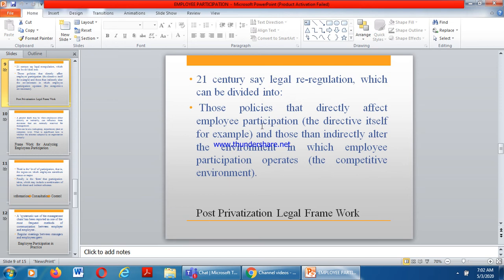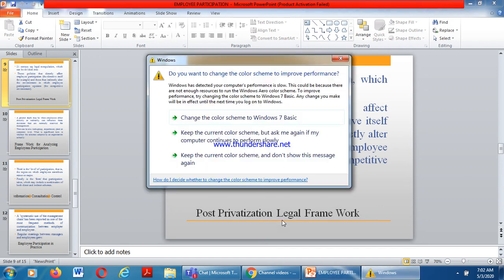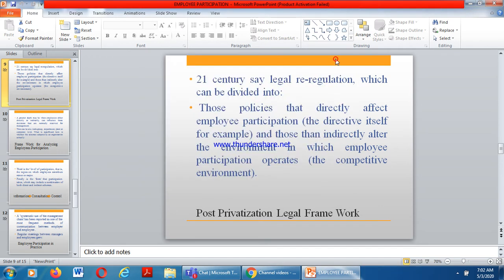Okay, the post-privatization legal framework is very different from the pre-privatization one. If we see Pakistan, WAPDA or state mills are among the few organizations still owned by the state, but the majority of organizations which were previously owned by the state are now owned by private owners, and their performance has improved.